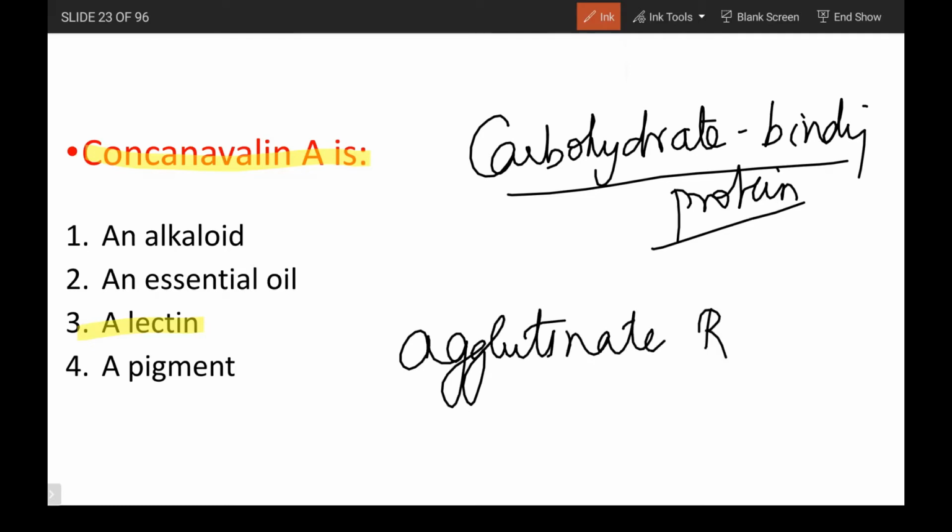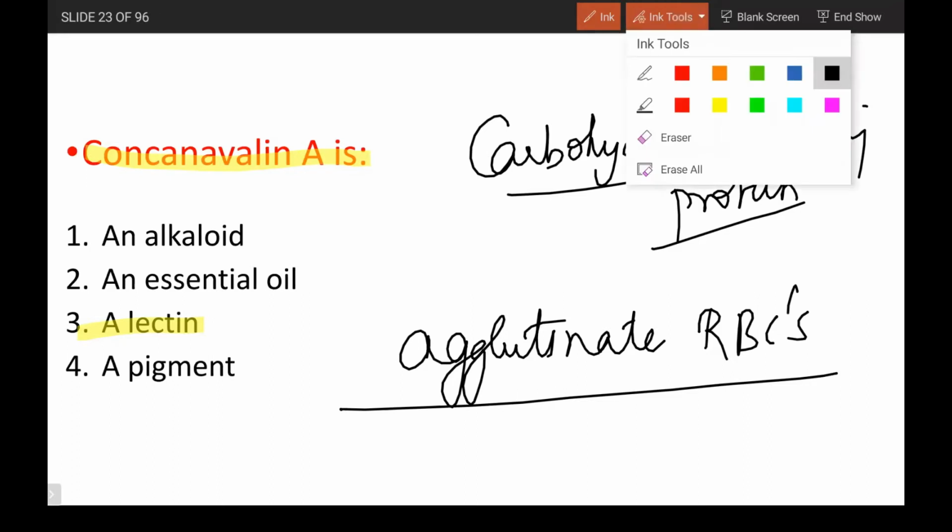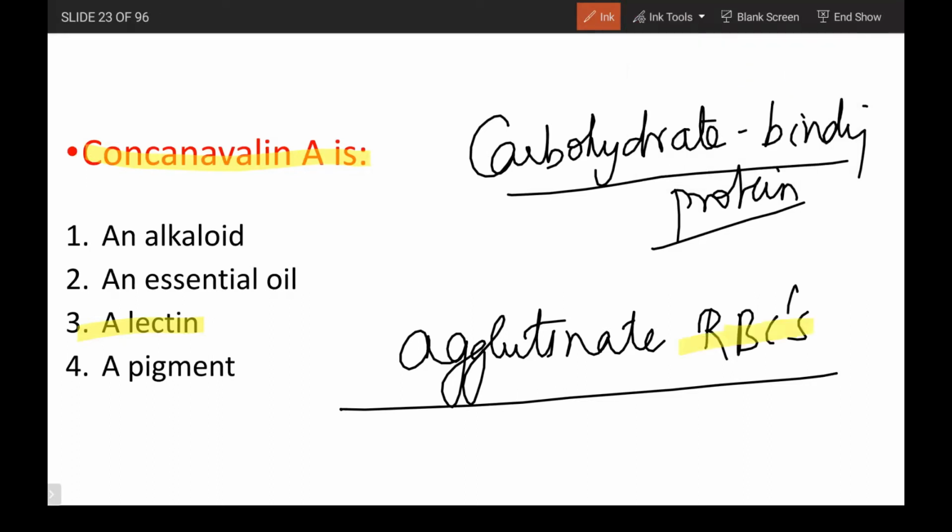This is mostly used in microbiology laboratories to perform a test called agglutination of RBCs, meaning precipitation of RBCs. We'll make it very simple. They use lectins because it is a protein that can attract carbohydrates or specific sugars. You all know the antigens on the surface of the RBC, A, B, all these are sugar polymers.